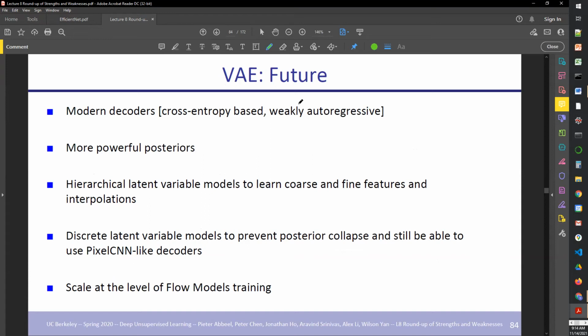Any comments or thoughts about VAE before we move to implicit models? I have a question.